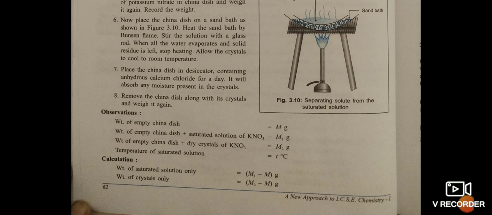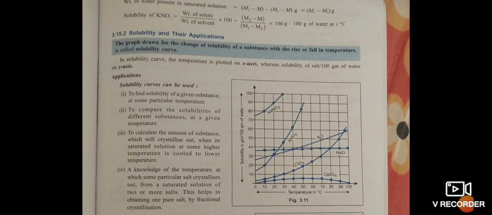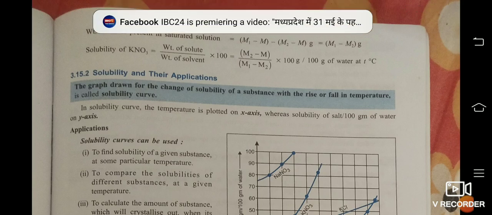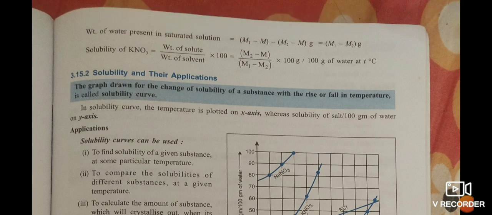At the same time, for the weight of crystals, I have to do m2 minus m, because m2 is the weight of china dish plus dry crystals, minus m, the weight of the empty china dish. So we can get the weight of saturated solution and the weight of crystals.